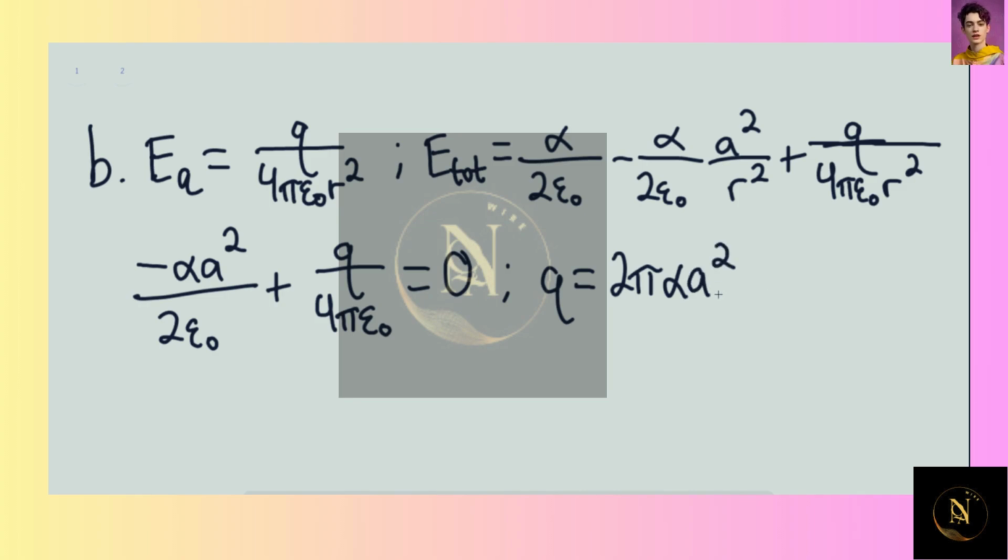And the constant electric field, E constant, is equaling alpha over 2 epsilon naught. So we know that then the net field is constant, but not equal to 0.